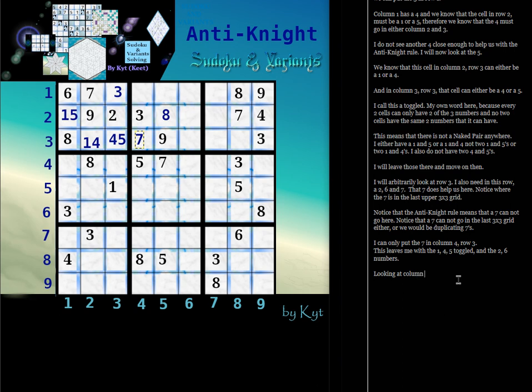Looking at column 8, I see a 5 and a 6. In that 3x3 grid, I see a 4. This means that this cell here can only take a 1 or a 2.